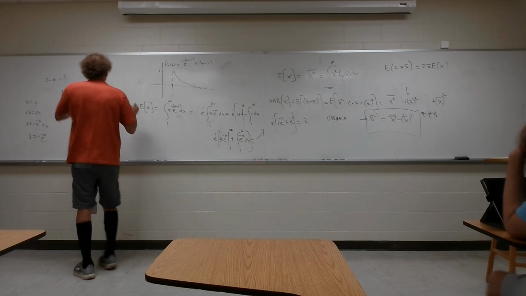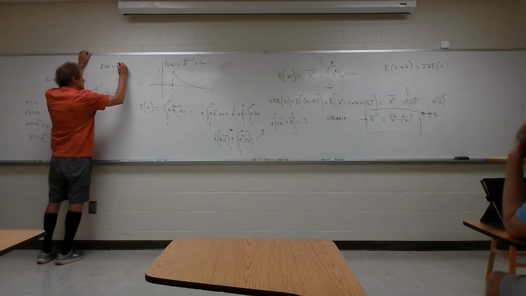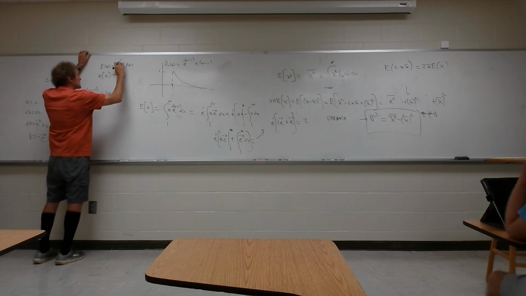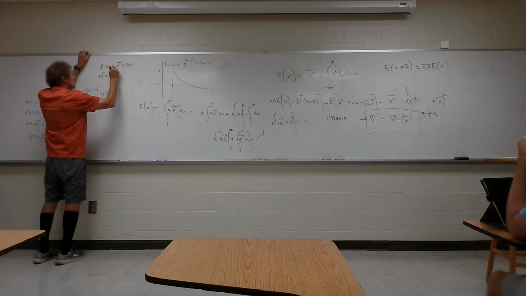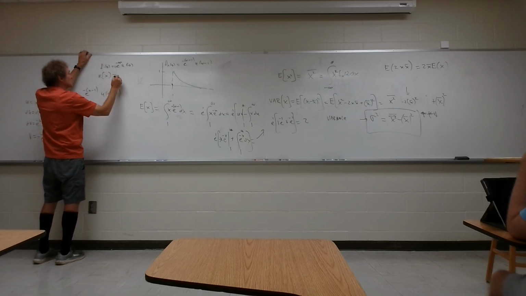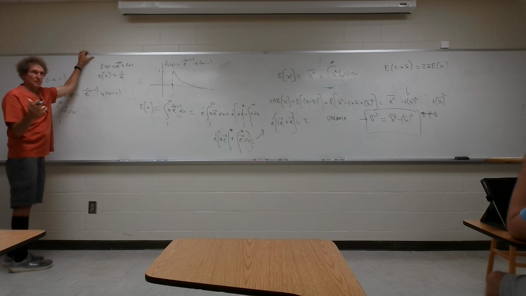If you had f of x equal to e to the minus x u of x, and you wanted the expected value of x, it has to be times a. The expected value of this will be equal to 1 over a. I guarantee it. You can go ahead and prove this as a mathematical proof. It'll be 1 over a.